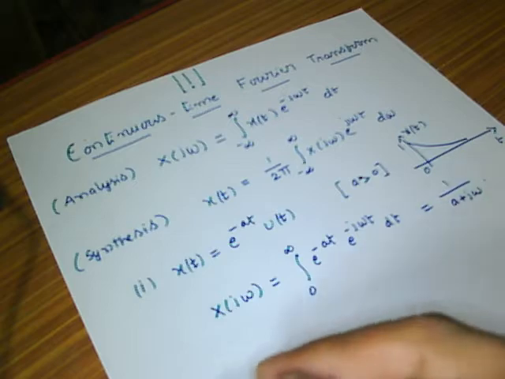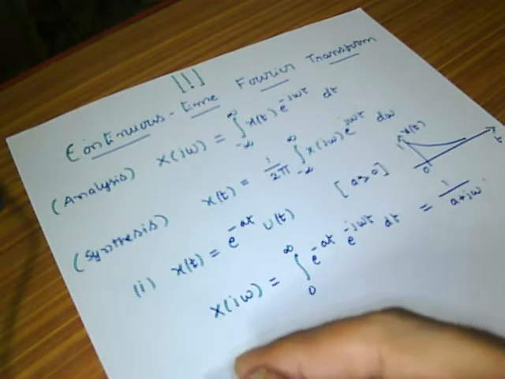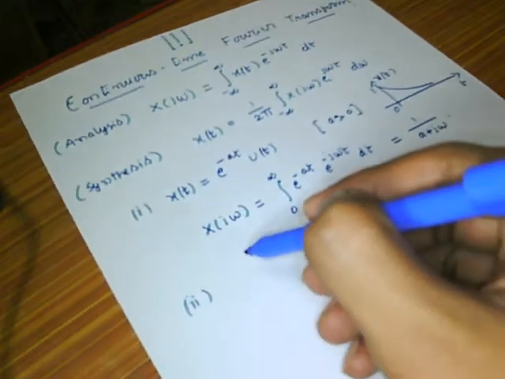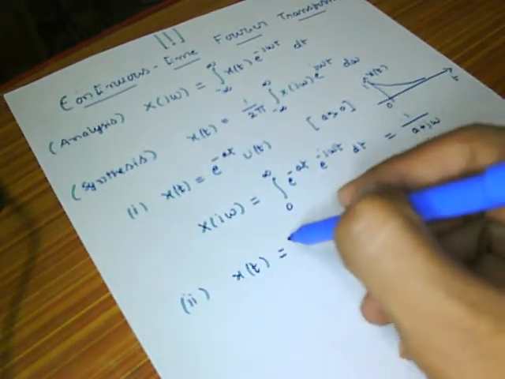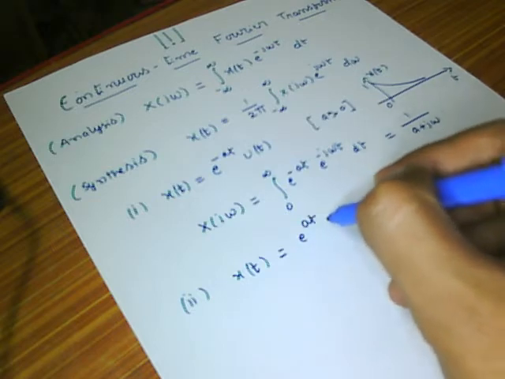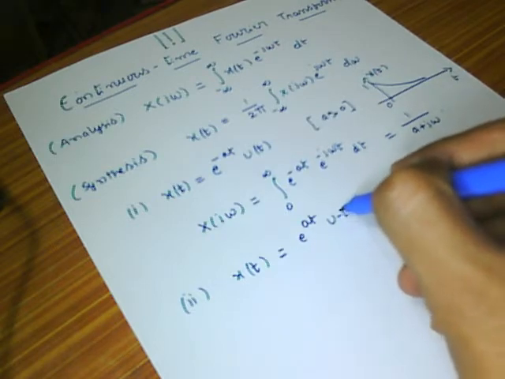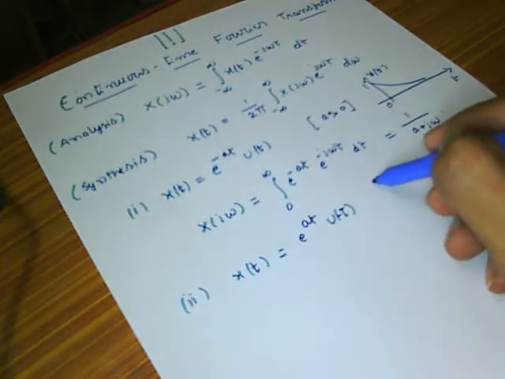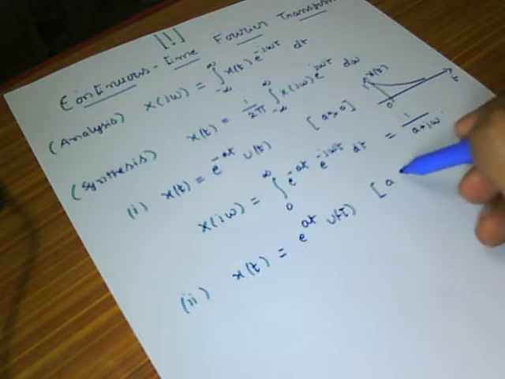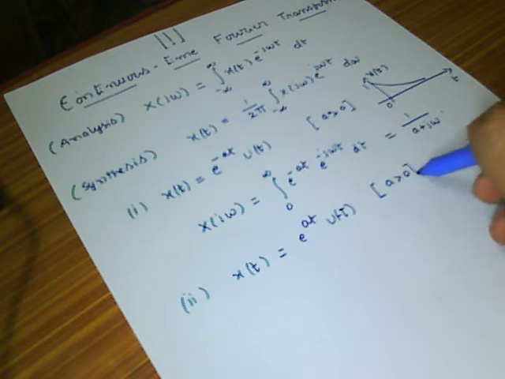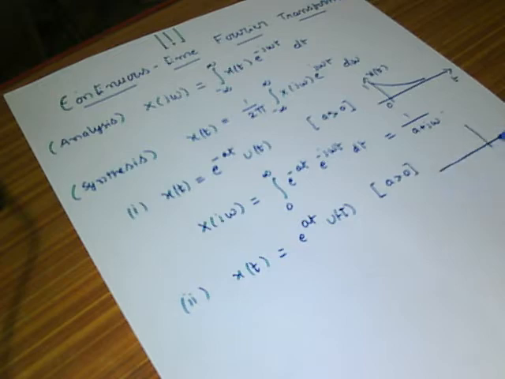Similarly, let us take another example, x of t equal to e power at into u of minus t. Here again we assume that a is greater than 0, so that the plot of the signal will look something like this.